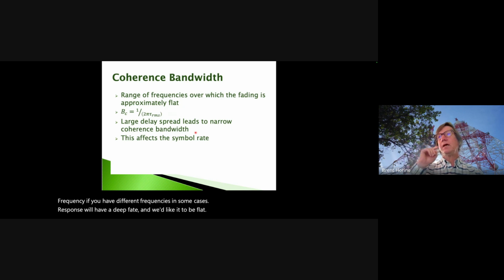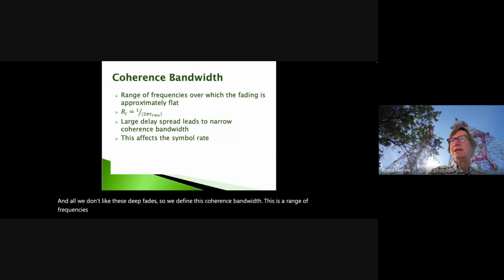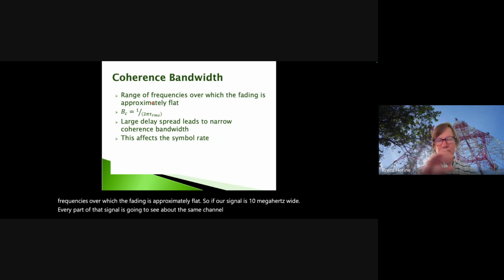And we don't like these deep fades. So we define this coherence bandwidth. This is a range of frequencies over which the fading is approximately flat. So if our signal is 10 megahertz wide, every part of that signal is going to see about the same channel response, right? It's going to be flat.